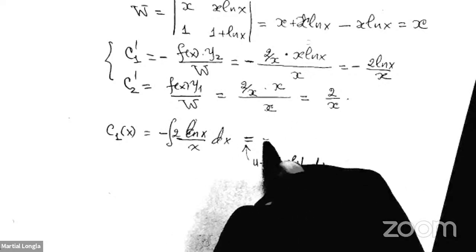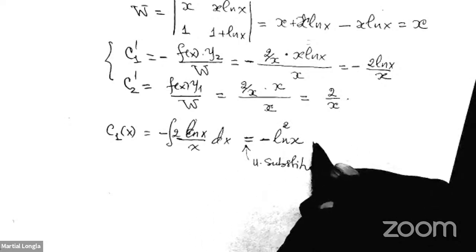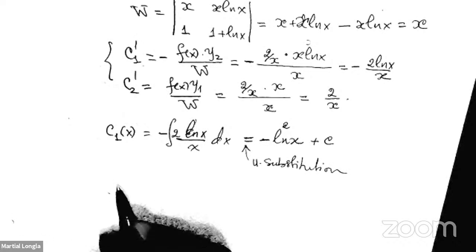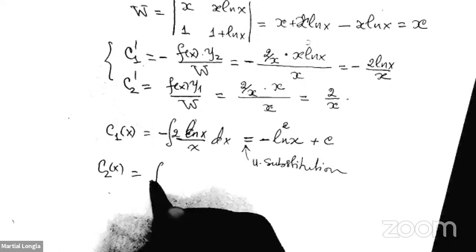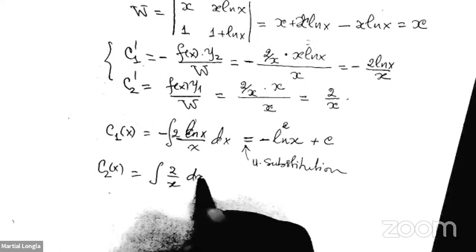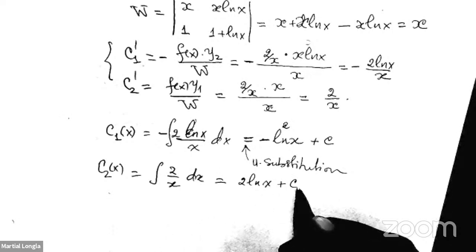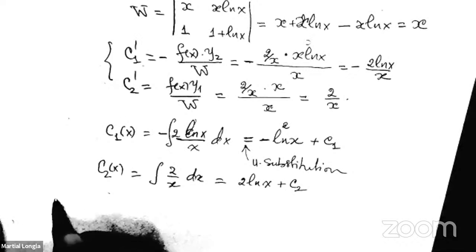You integrate this, it's giving you negative natural log squared of x plus a constant. And then you get C2 of x. That's integral of 2 over x dx, which is 2 natural log of x plus another constant. And that's it. Done. You plug them into the formula.